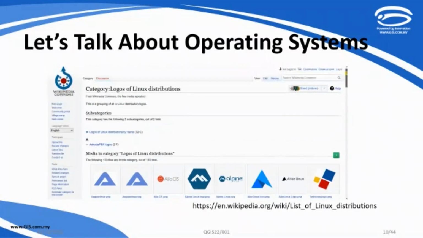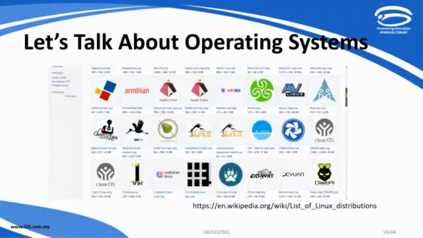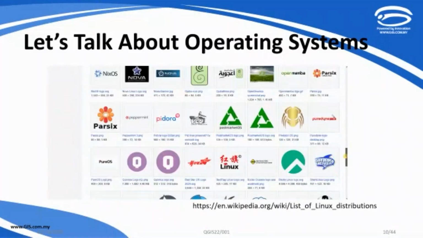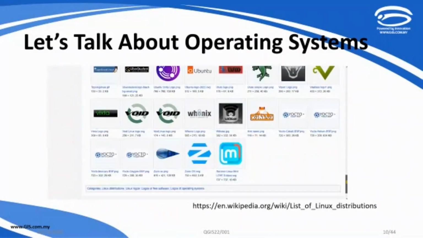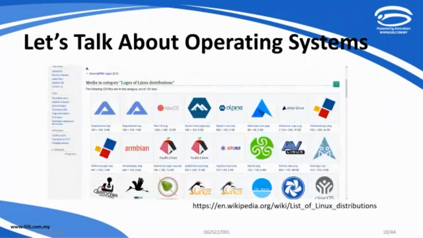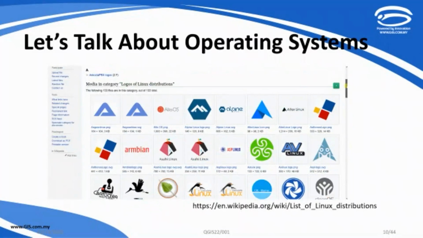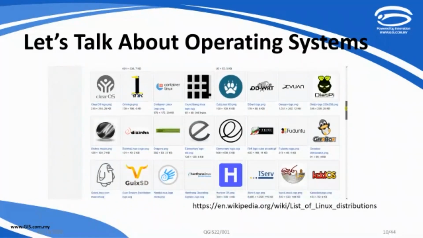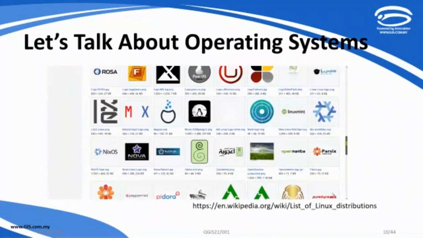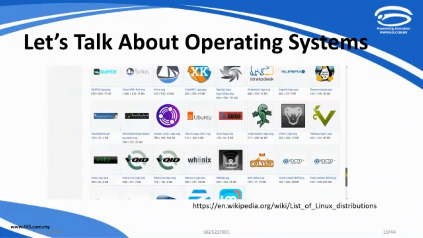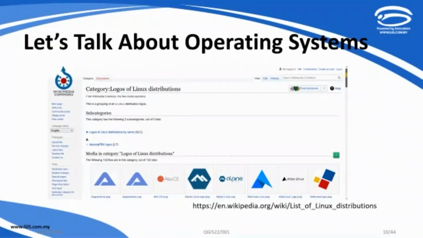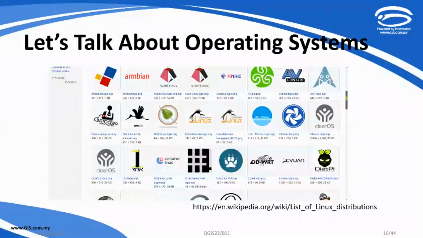Linux has different distributions, and some have different purposes as well. Some distributions are used for databases, some for gaming, others for, let's say, network testing. It depends. And others, of course, are for general use.